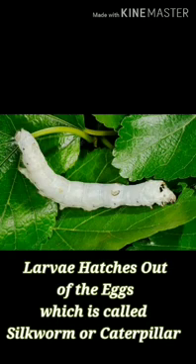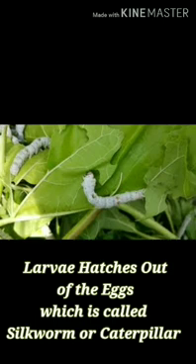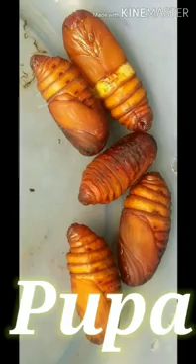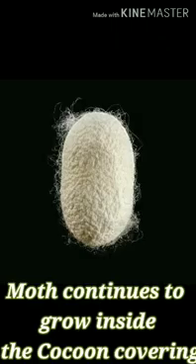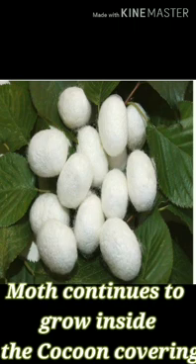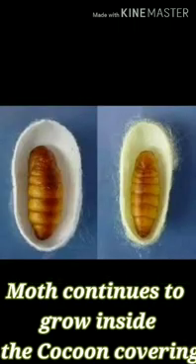When this silkworm or caterpillar further grows in size in the third stage, that is called the pupa stage, this pupa forms outer covering of silk fiber in the form of cocoon, and cocoon is a white shiny structure that surrounds the pupa, and inside the cocoon covering there is a pupa which grows inside and becomes moth, which still continues to grow inside the cocoon covering.